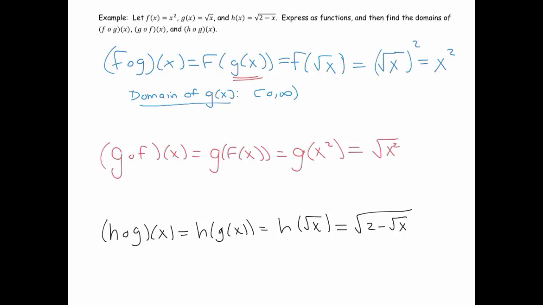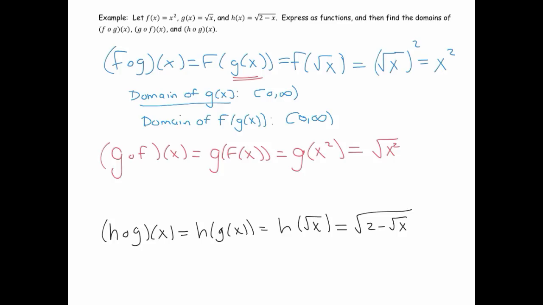When you take a number and square root it, you just get a positive number, or 0. And then what are we going to do after that? Well, f is going to square those things, so there's no issue there. So that means that our domain of f of g of x is just 0 to infinity as well.